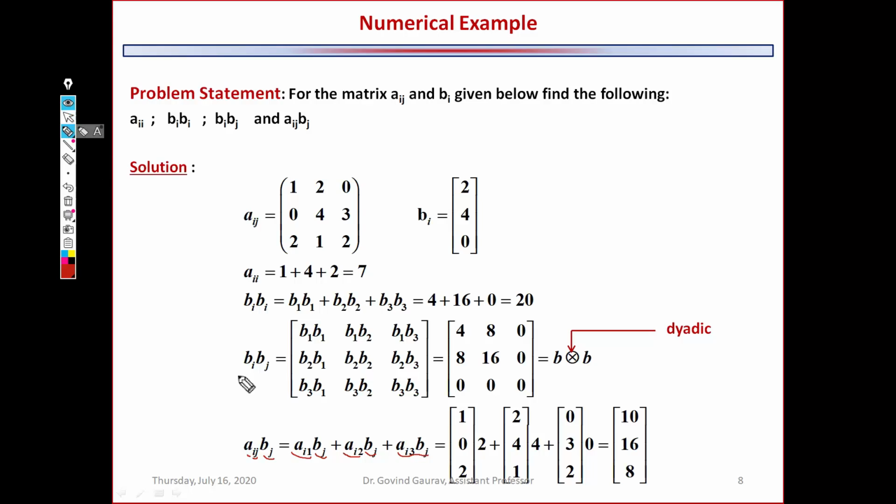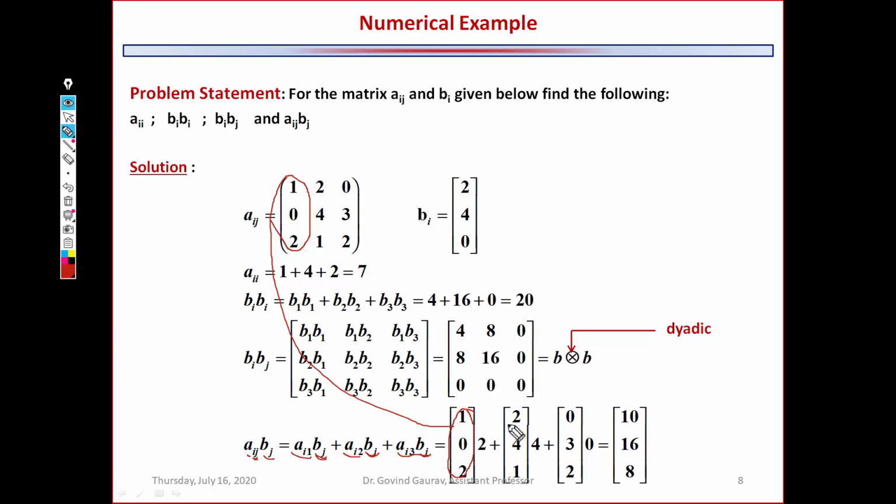Now in this, j is a repeated index. This means that we will have b as b1, bj as b2, and bj as b3. So put all the coefficients of ai1, which is this coefficient. What is ai2? It is this coefficient.